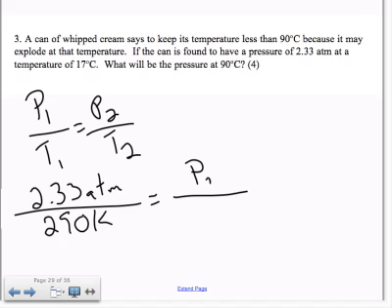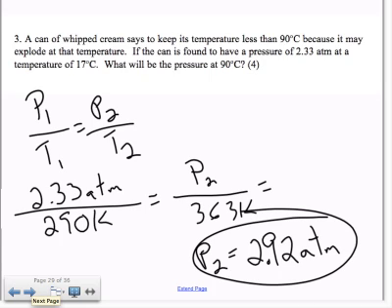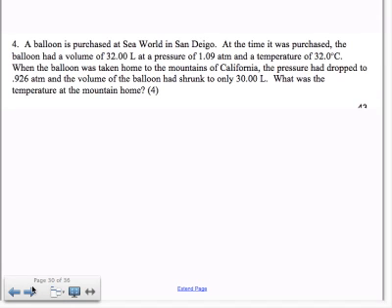And we want to know what's the pressure going to be if you pump up the temperature to 90 Celsius, which is 363 Kelvin. Cross multiply, and you get P2 equals 2.92 atmospheres. So temperature goes up, the pressure goes up, so that at least makes sense.